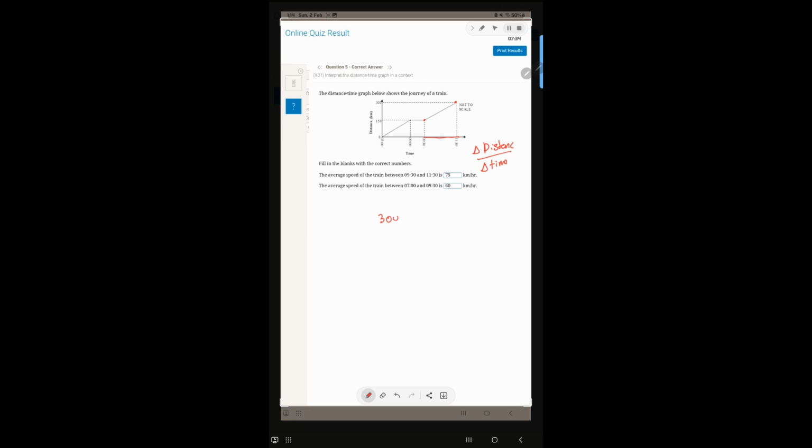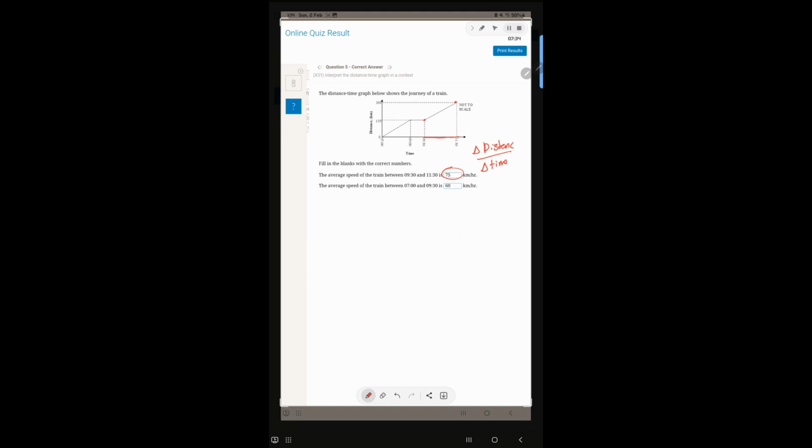So 300 minus 150 over 11:30 minus 9:30, which is 2 hours. So 150 over 2 gives you 75 kilometers per hour, as you see it here.